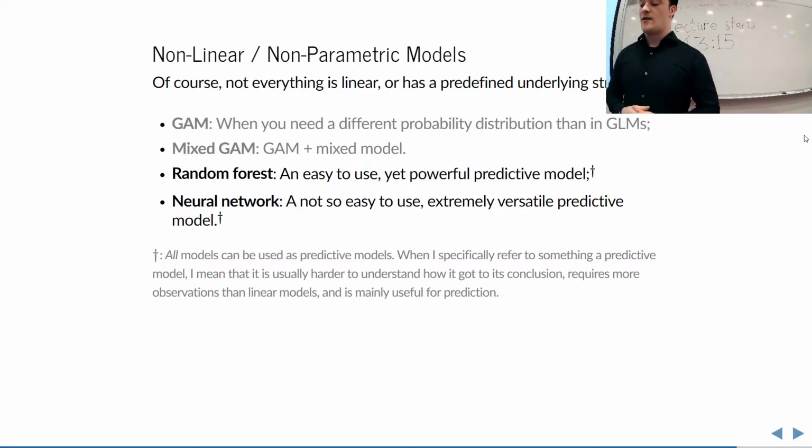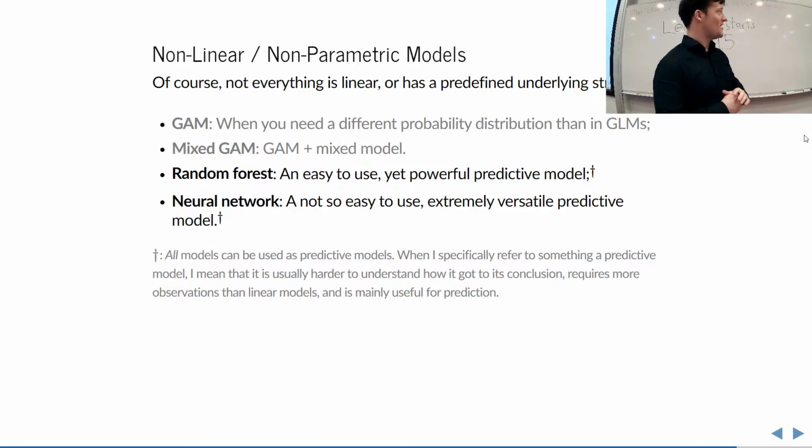Okay, I just wanted to give you full disclosure that in fact not everything is linear. So in gray, again, the GAM, generalized additive model, is not part of the course, so that's why I made it gray. But that model, if we're going to be very strict, is still linear actually, but it is no longer a parametric model.